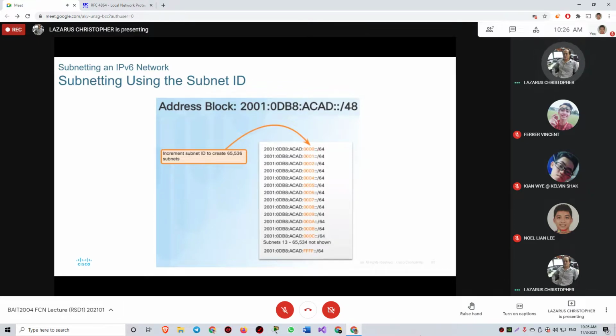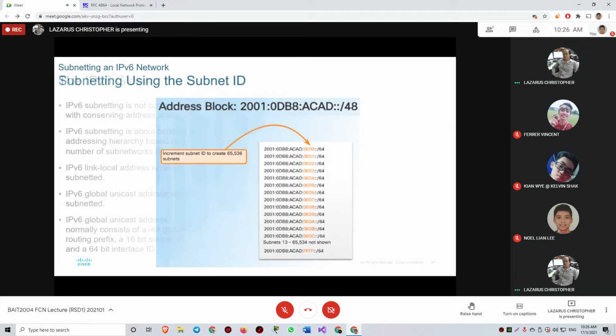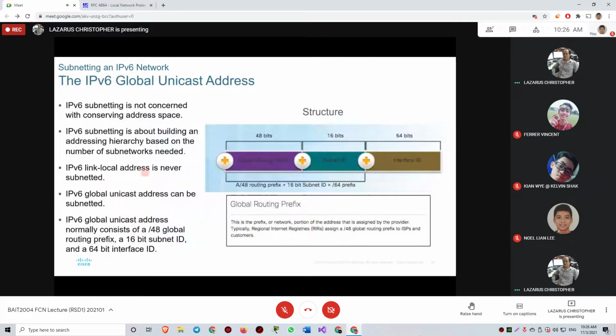Now, if you say, but I still want the ability to have my own private network, that's where this comes in. For your own local-only communication, don't use the global unicast address. If you want to control it, and you don't want the LAN to access the internet, don't assign it.